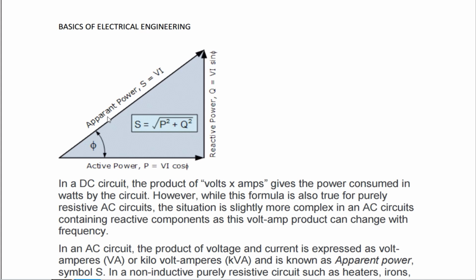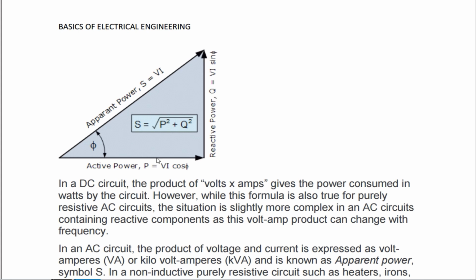Apparent power means in the circuit it appears to consume this much of power, but actual power is something different, and that is shown by active power. Active power is the real amount of the power that is being consumed in the circuit, not unreal one. And there is something called reactive power that is represented by Q. Active power is, of course, represented by P, and apparent power is represented by S.